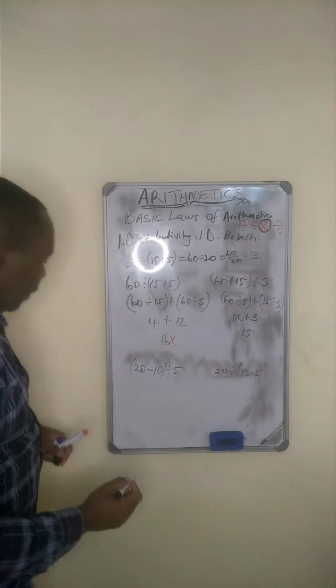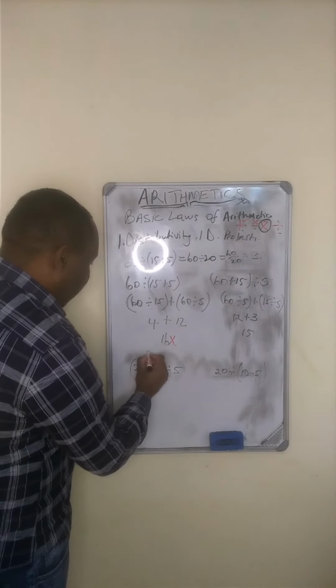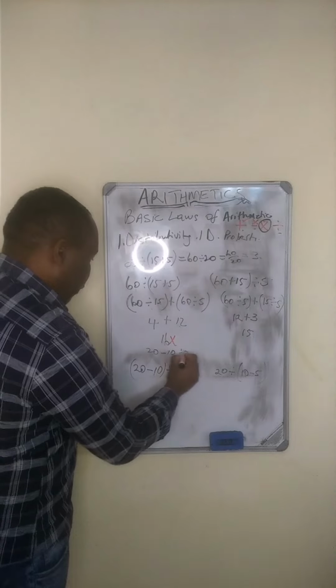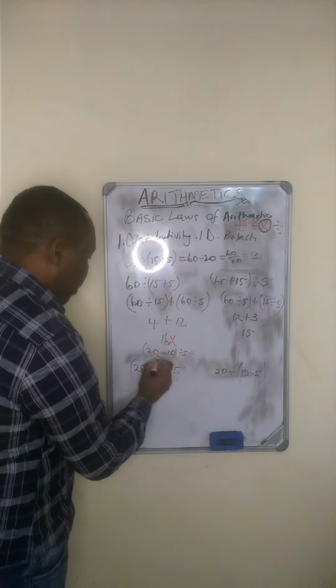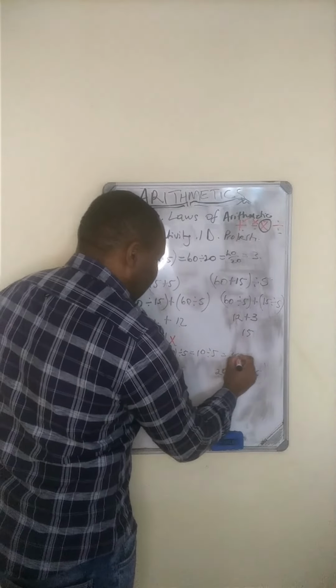I want us to see this. Here we have 20 minus 10 divided by 5 in brackets, and this would be equal, 20 minus 10 is 10 divided by 5, it gives us a 2.